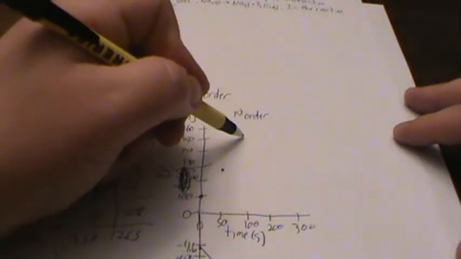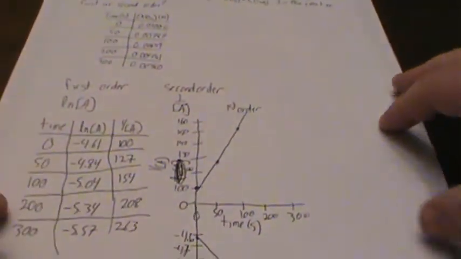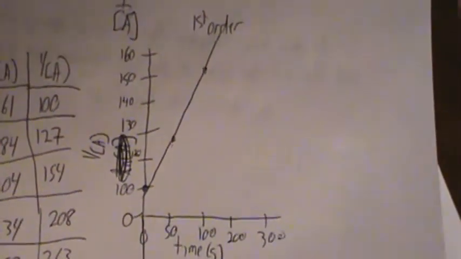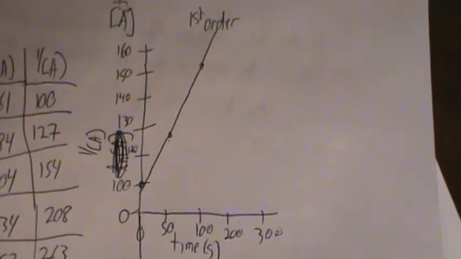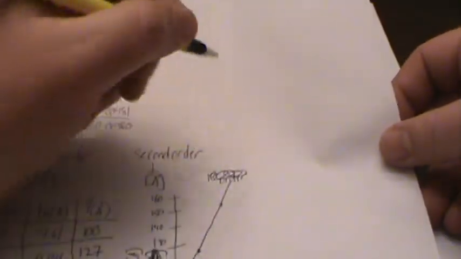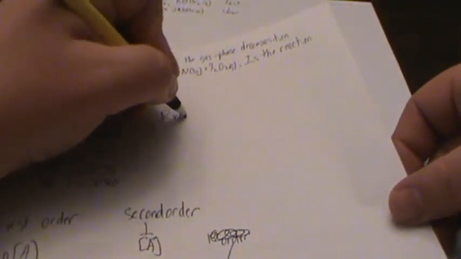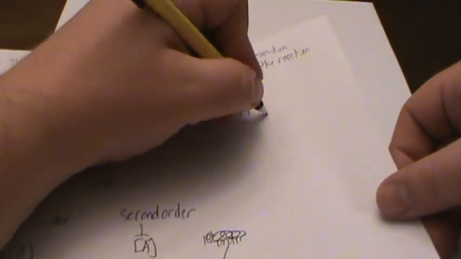At 100, 154. Now this one, I know I'm just doing it freehand, but you notice how we get a nice straight line. So whichever order gives us a nice straight line instead of a curve, that's telling us what order this is. Since the second order information gave us a straight line, the reaction is second order.